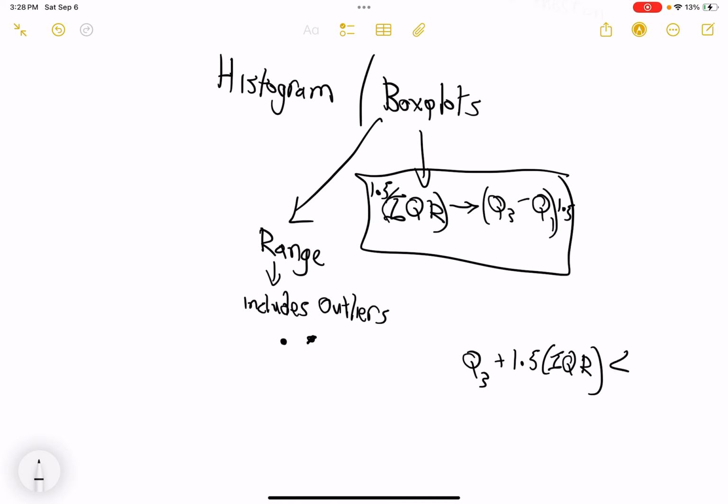Anything that is greater than that is an outlier on the maximum side. And then remember Q1 minus 1.5 IQR. Anything that is less than that is also an outlier.